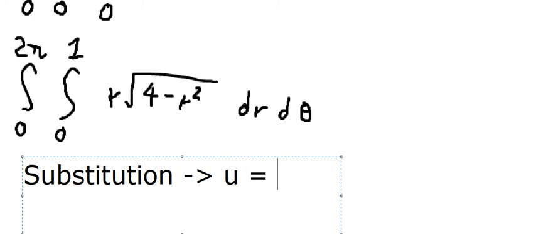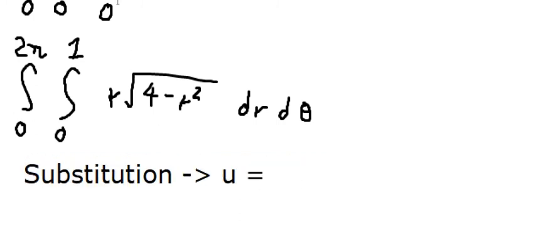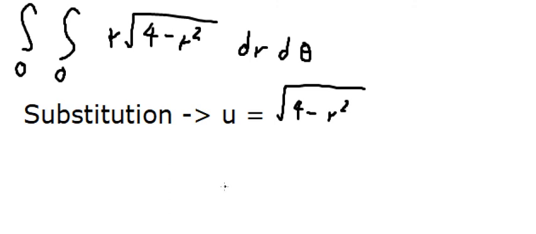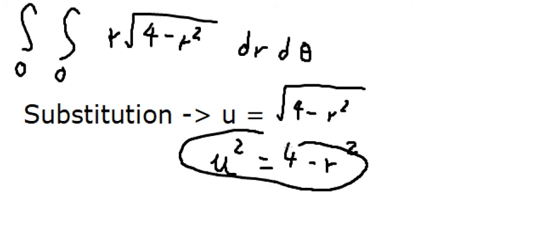So we put u equals the square root of 4 minus r squared. Later that we put the square on both sides. Later that we do first the derivative of this one.